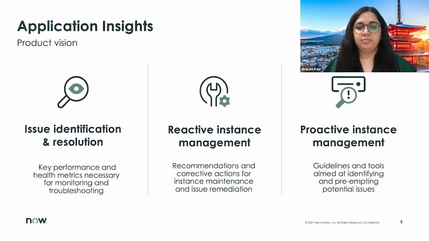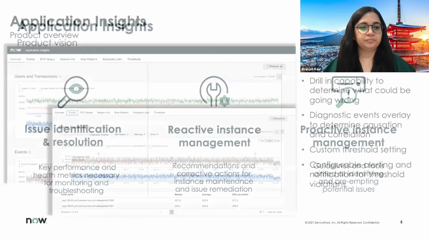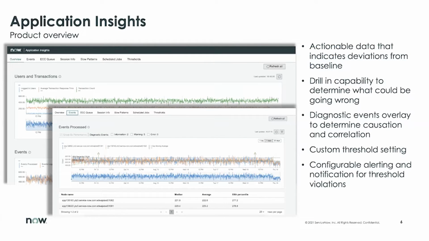Now let's see what capabilities are provided in product for instance admins to be able to achieve the objectives that you've just seen. All right. So with application insights, we provide you with actionable data that you can use to detect any anomalies or deviations in your instance behavior. You can drill into each data point to further investigate the issue, and also use diagnostic events to determine any correlation between an impactful system activity and performance degradation.